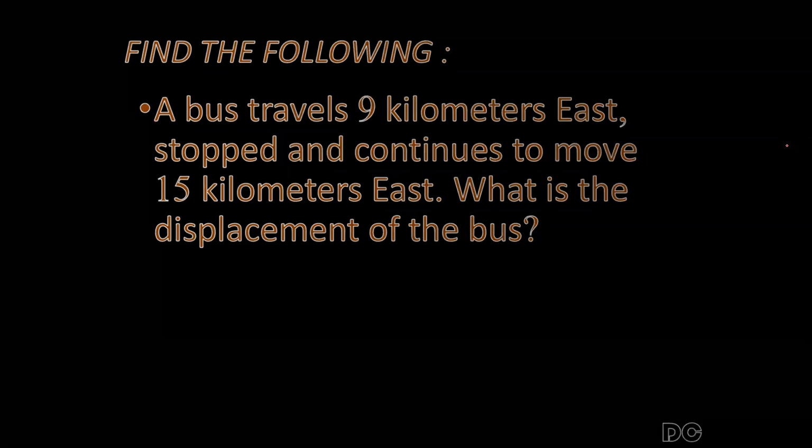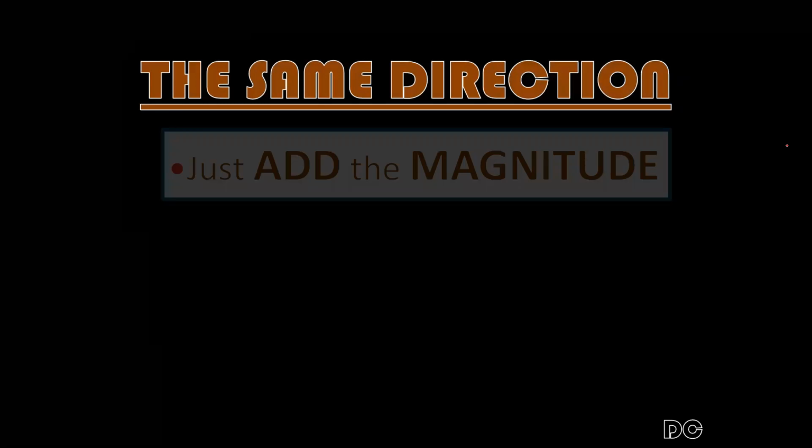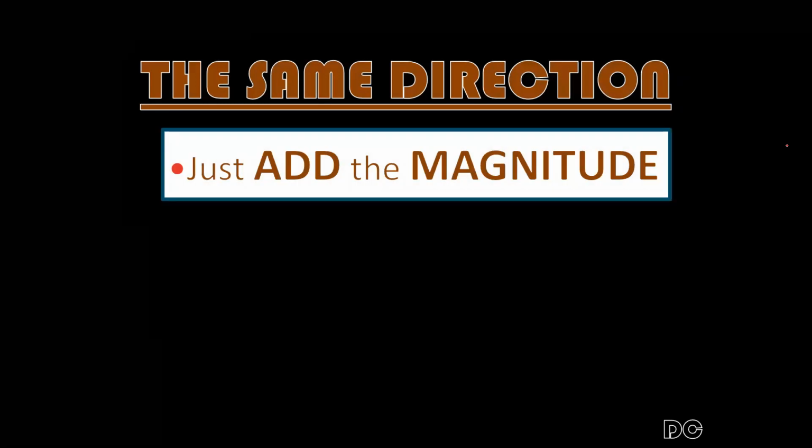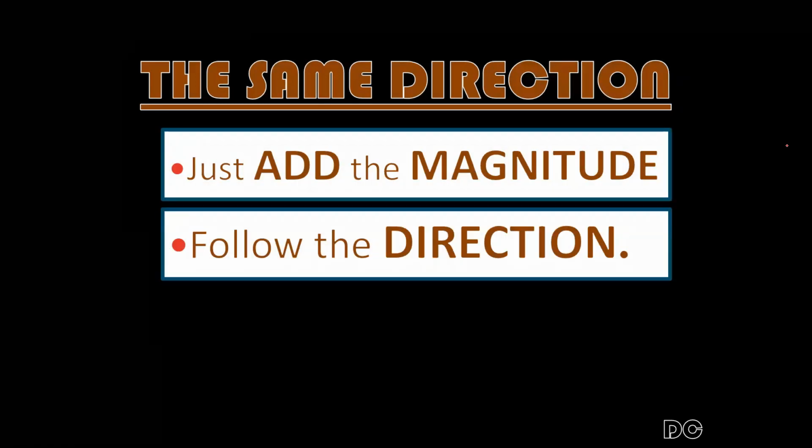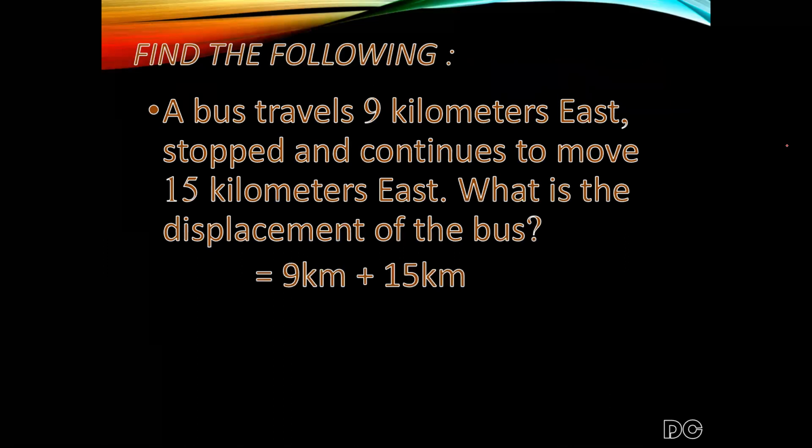So what to do if they are in the same direction? As I have mentioned kanina, add the magnitude and then copy the direction or follow the direction. So 9 plus 15 kilometers is equal to 24 kilometers.